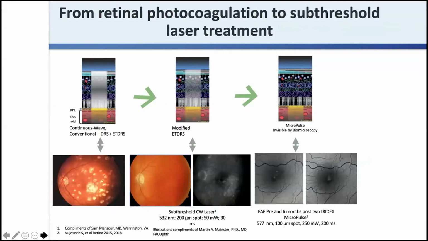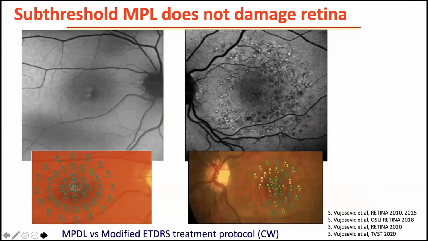If we think how we started with the retinal laser treatment, we started with the so-called standard parameters of the continuous wavelength treatment with the ETDRS. Then we used the modified ETDRS treatment, and now we have arrived to the subthreshold micropulse mode, where we do not see any clinical signs of the treatment on the retina.